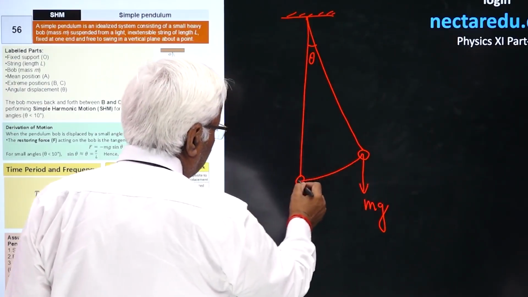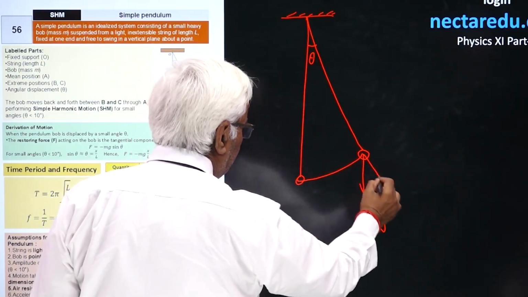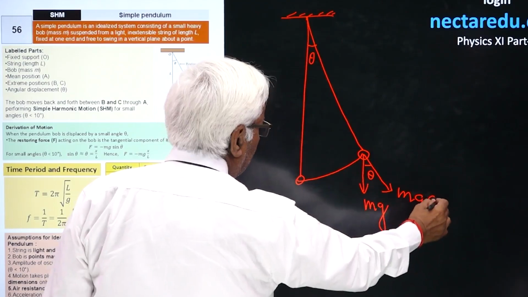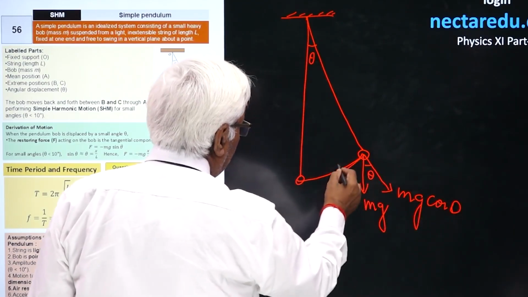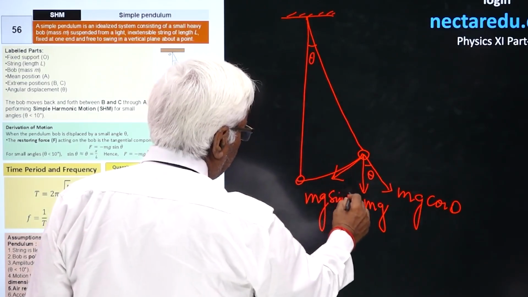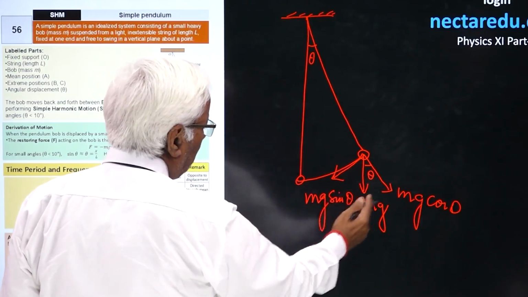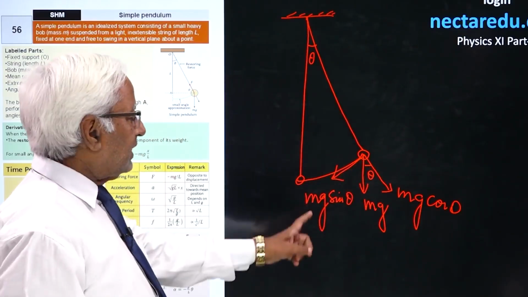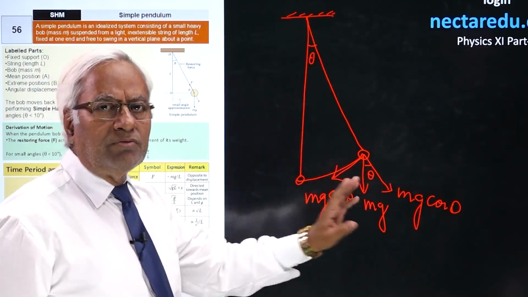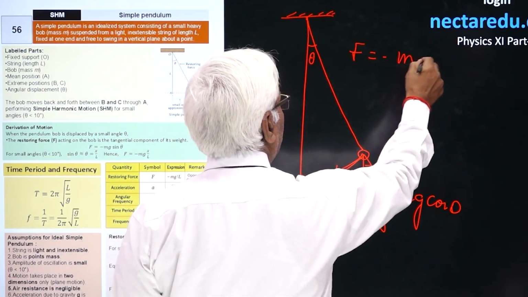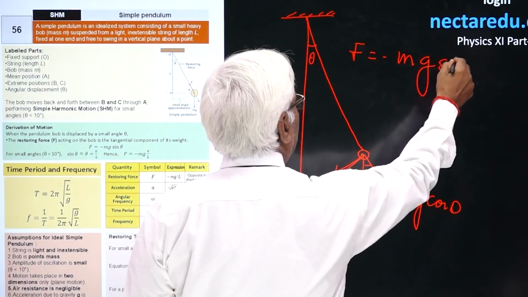Now, we'll resolve this mg, that is weight, in two components, mg cos theta and mg sin theta. Out of these two components, mg sin theta is responsible for bringing it back to the mean position. Obviously, mg sin theta is the only restoring force. Restoring force here is minus mg sin theta.